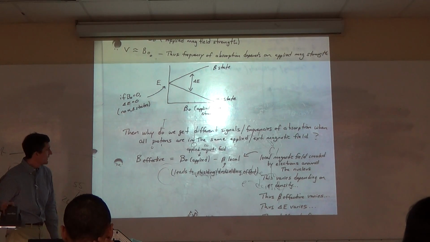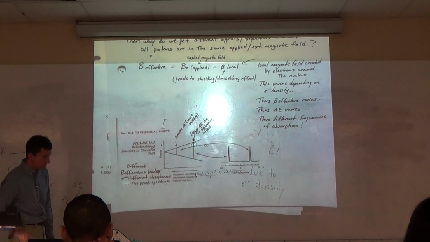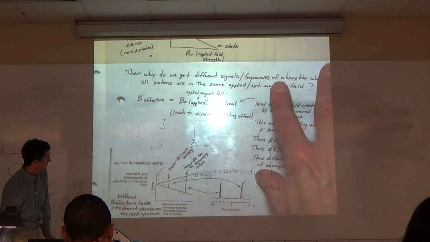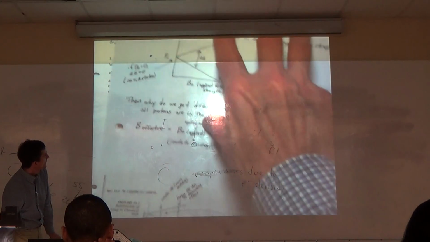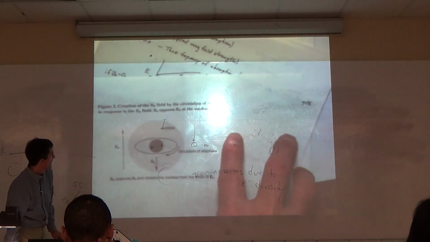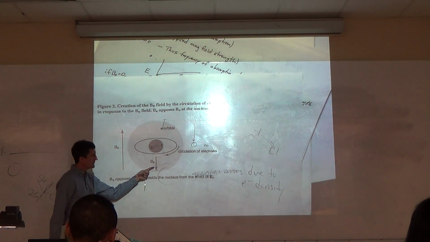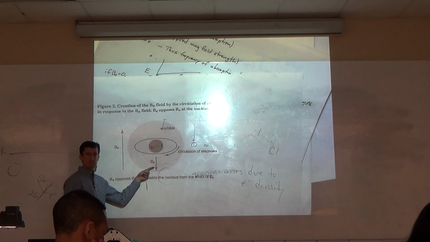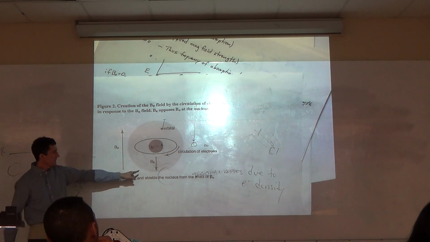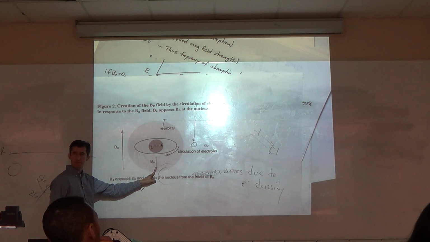Okay. Let's relate this back to more of a spectrum. Let's use some terminology over here before we go on. This field here, is it opposing this field or adding to it? Opposing. So do you want to call this effect a shielding effect or de-shielding?